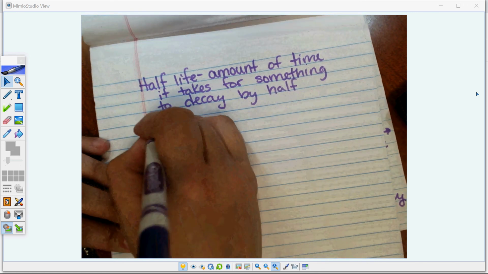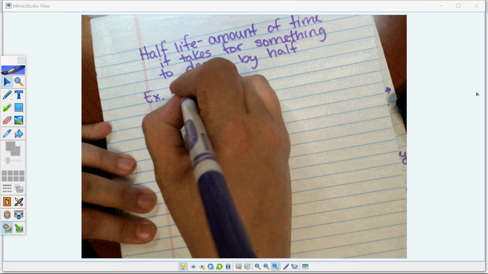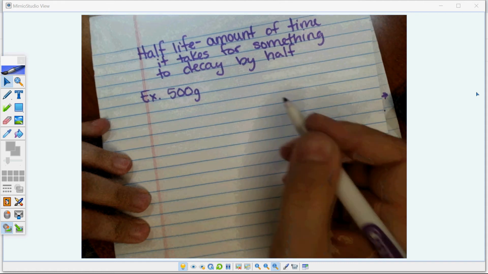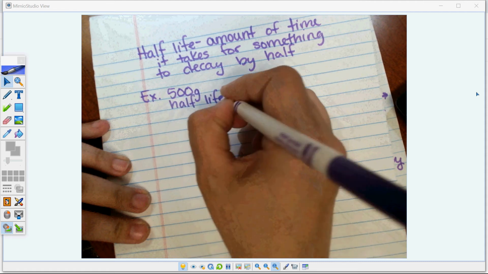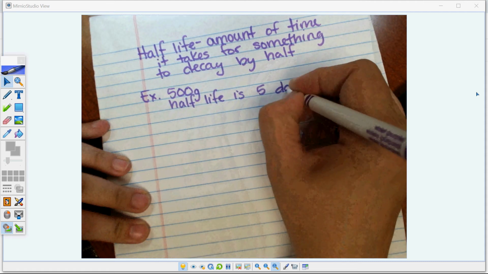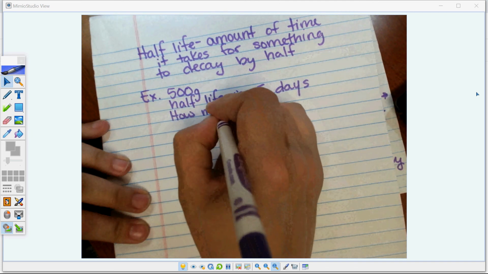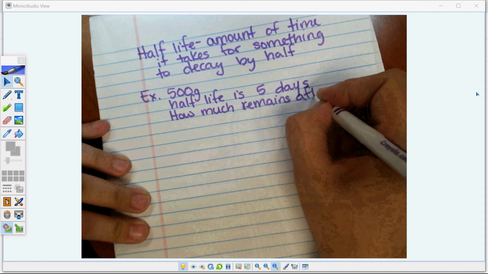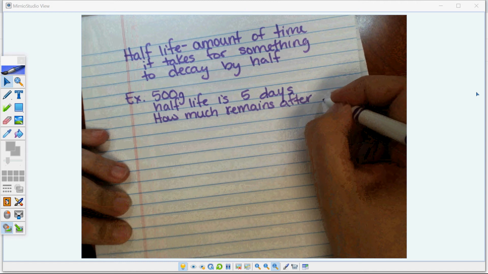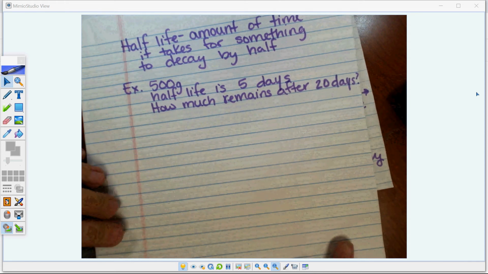So for example, if I say I have a substance and I have 500 grams of my substance and the half-life is 5 days, and then I say how much remains after, I don't know, let's do 20 days. How much remains after 20 days?